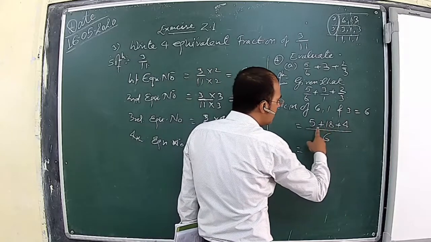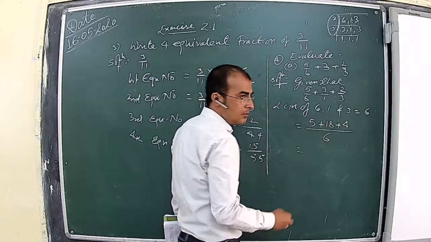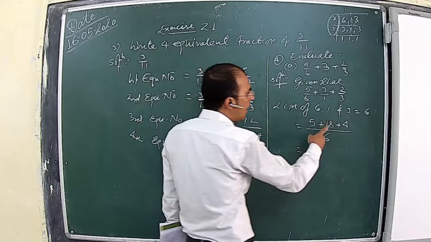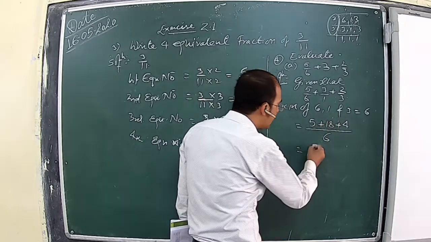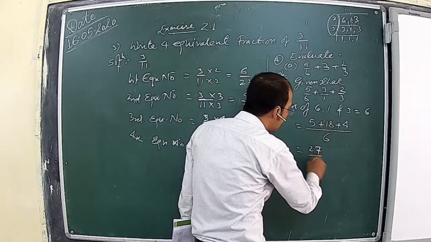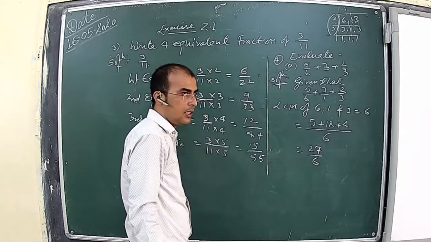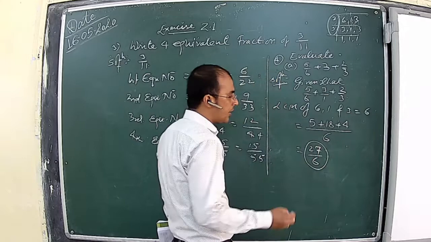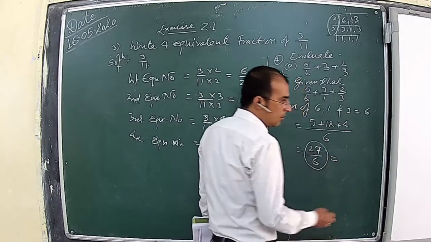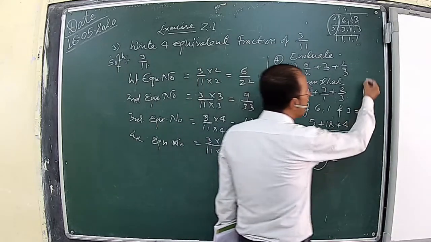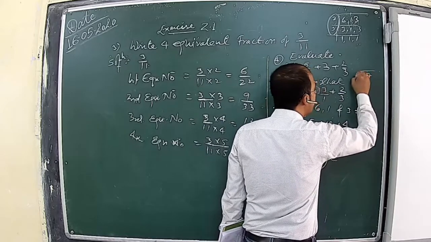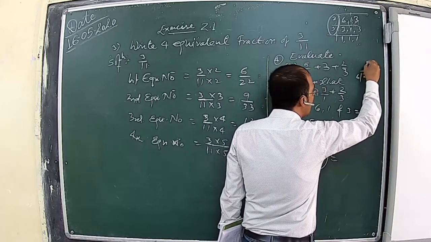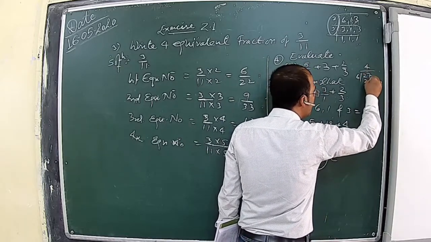Now you add 5 plus 18, 23, and plus 4. It will be 27 by 6. Is it clear? This is an improper fraction, and it can be changed. 27 divided by 6 is 4 times, and 4 times 6 is 24.